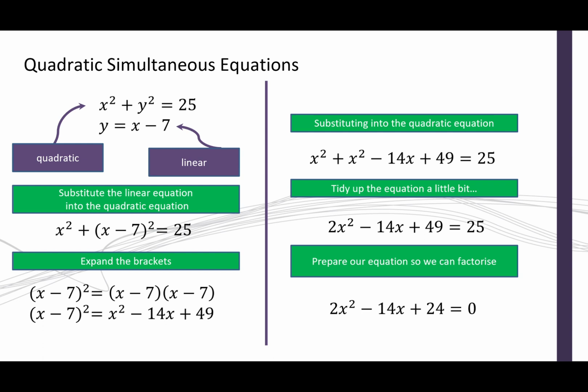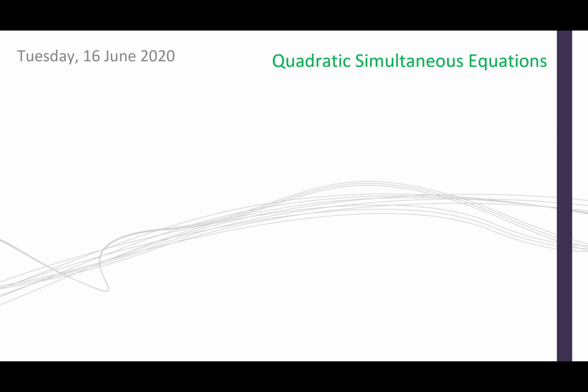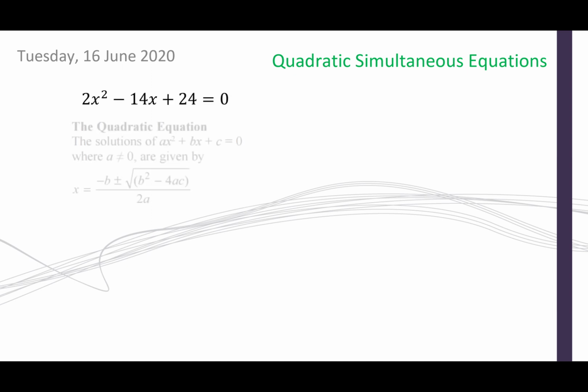Once you have your quadratic equation, you can factorize this to find your two values of x. To factorize this, you can either use your trinomial method or you can use the quadratic formula. In this case, I'm going to use the quadratic formula. This states that x is equal to minus b plus or minus the square root of b squared minus 4ac, all over 2a.